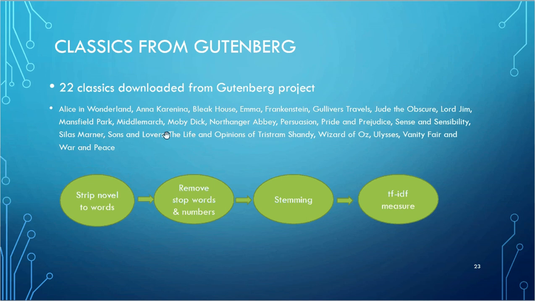What we did was strip the words from the classics, remove all the stop words and numbers, do stemming, and then compute a TF-IDF measure, which is a standard measure to compare documents in a corpus. Then we convert the 22 classics to a rectangular data set.